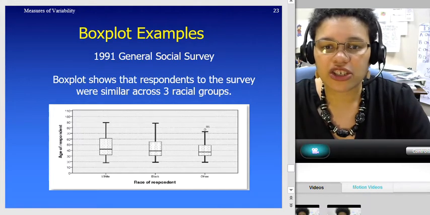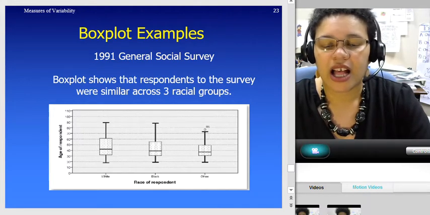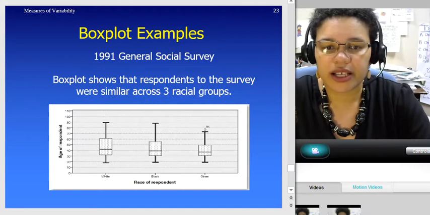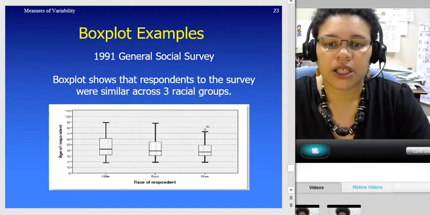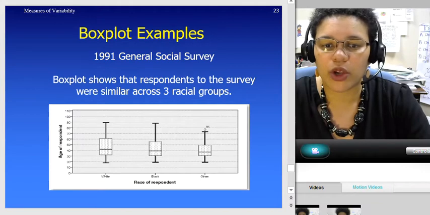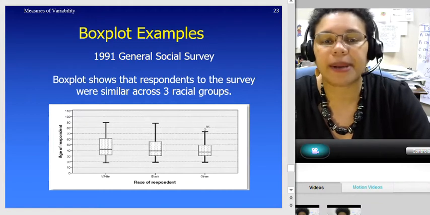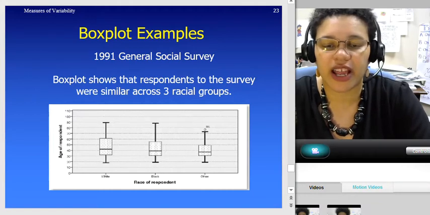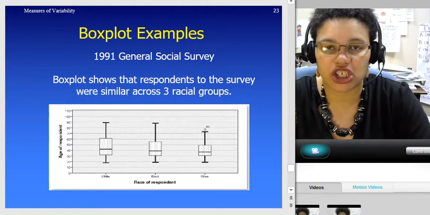This box plot shows, let's say we were doing some kind of study, and we were plotting the race of the respondent by age.